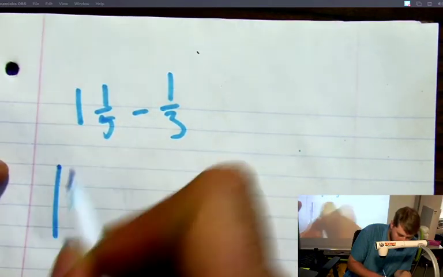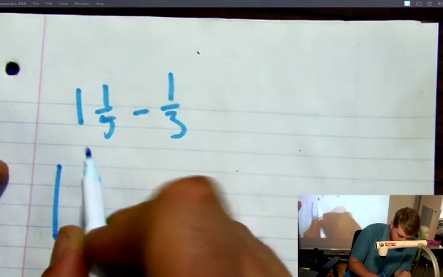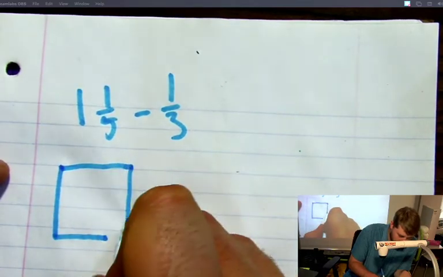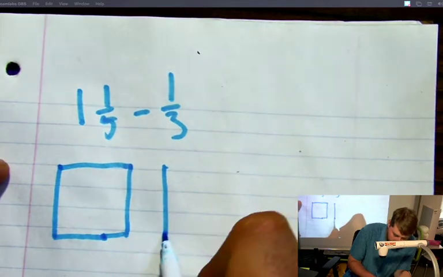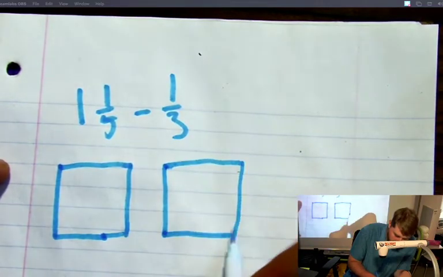And I'm going to partition my unit off here. I'm going to cut this. This is 1 whole and 1/5 here.